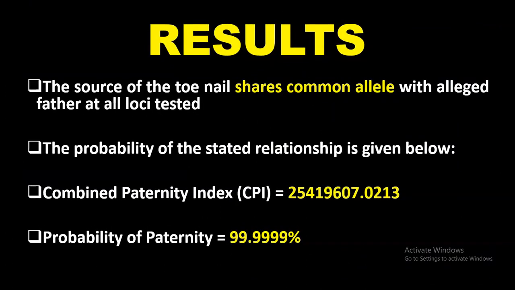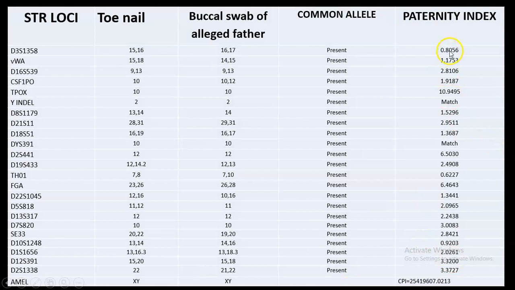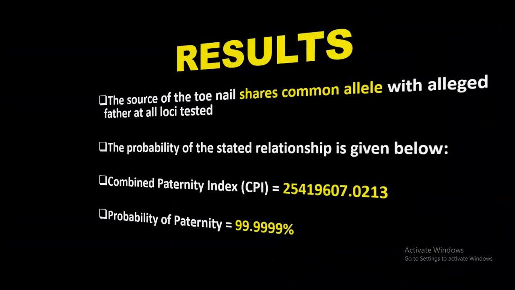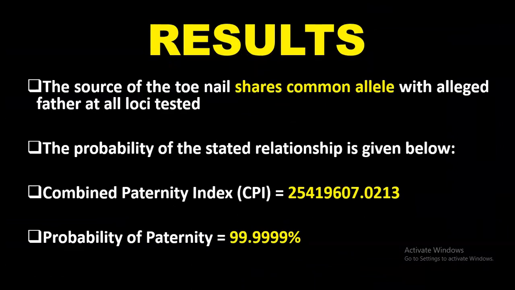And the probability of the stated relationship is given below. So combined paternity index was 25,419,607.0213. Once again, that's multiplication of all these paternity indices. And then the scientists had probability of paternity to be 99.9999%.